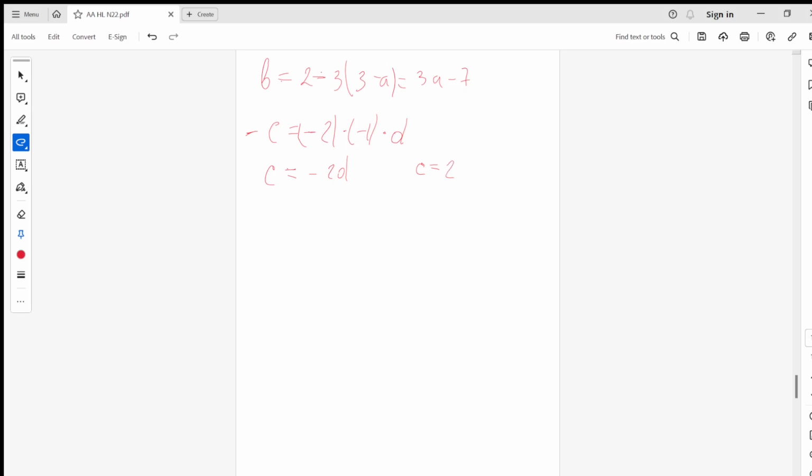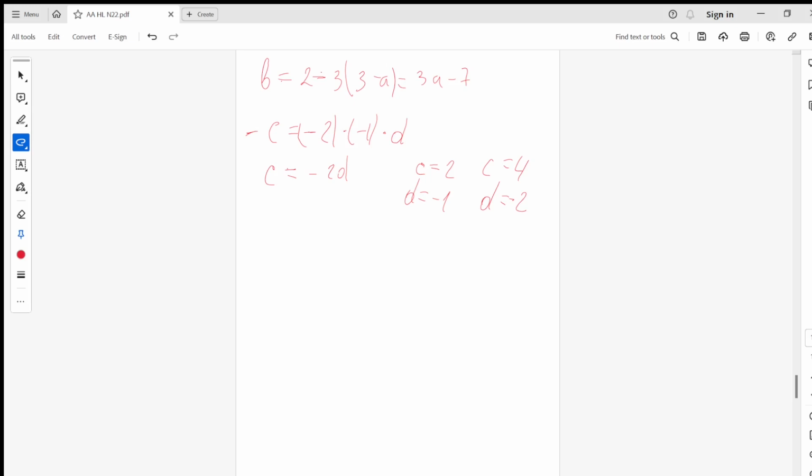We can just look into two examples. So when c is equal to 2 and when c is equal to 4, then d is equal to minus 1. There d is equal to minus 2.